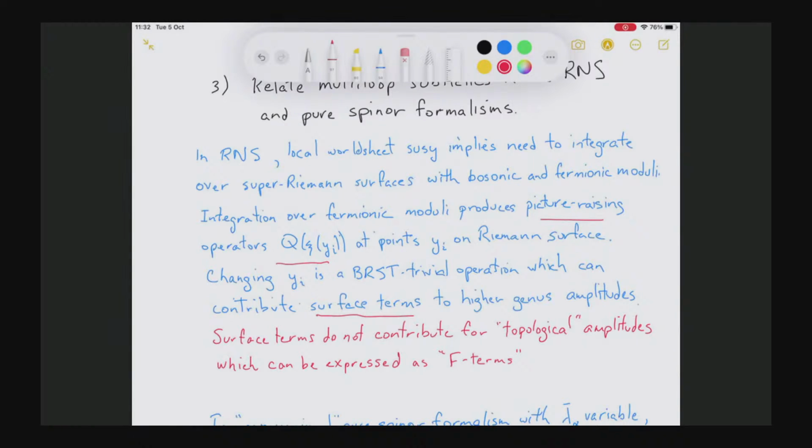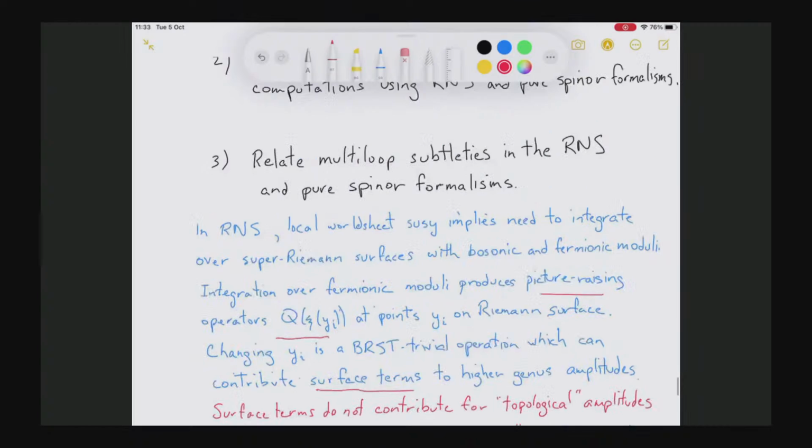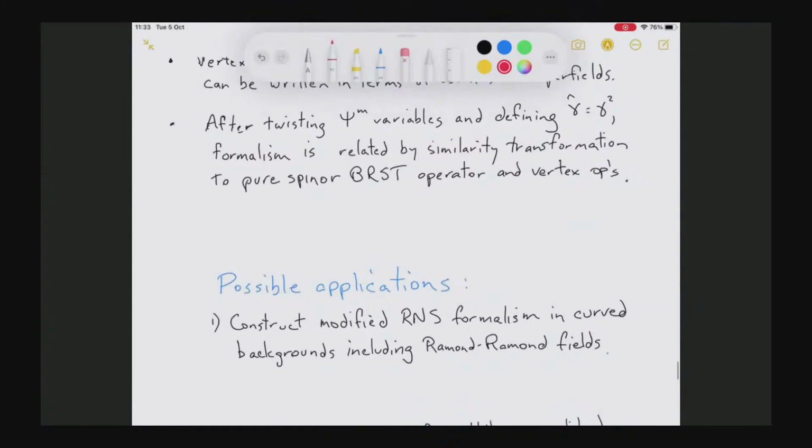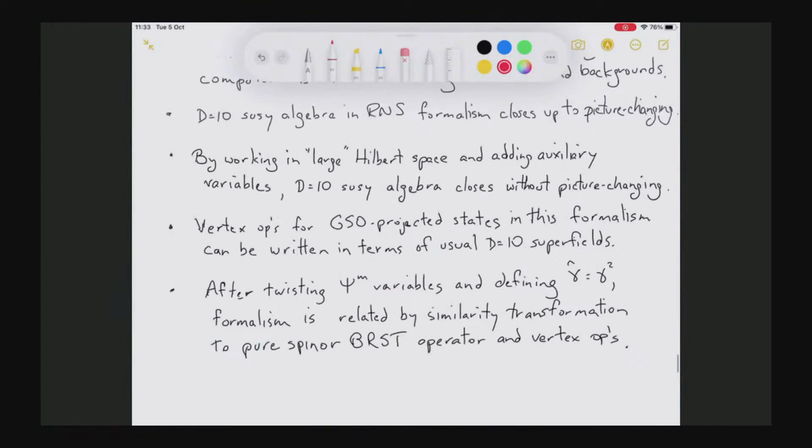Can I ask you another question about the intuitive understanding of this formalism that you described? You call it a modified RNS formalism because you add these auxiliary variables, additional variables in the RNS formalism, and you modify the BRST operator so that they don't contribute. That's right.